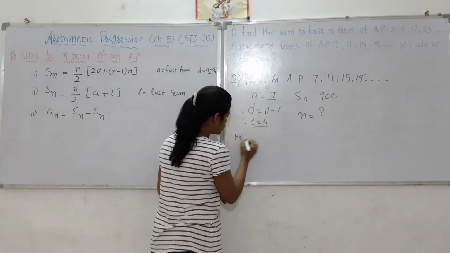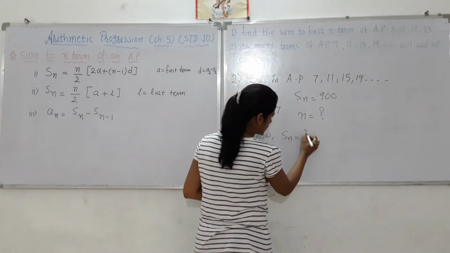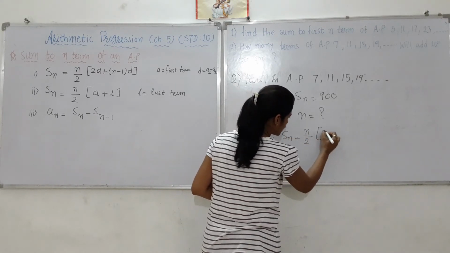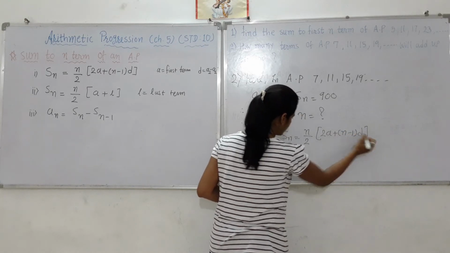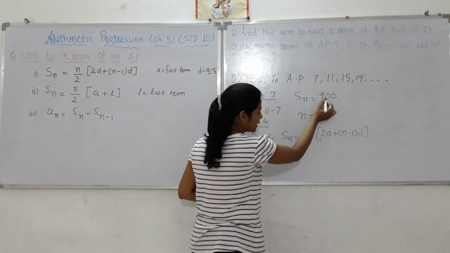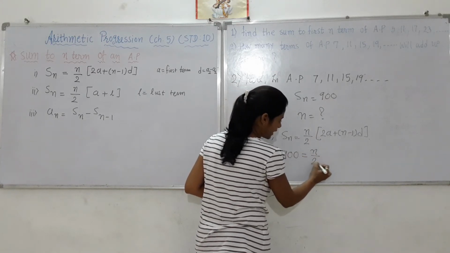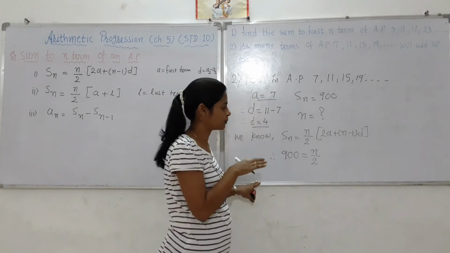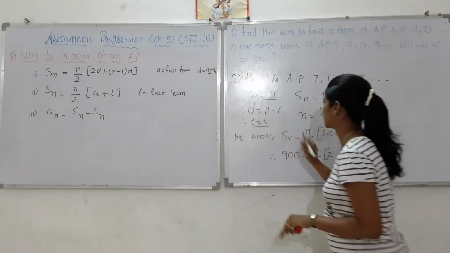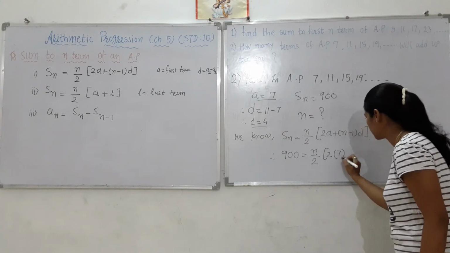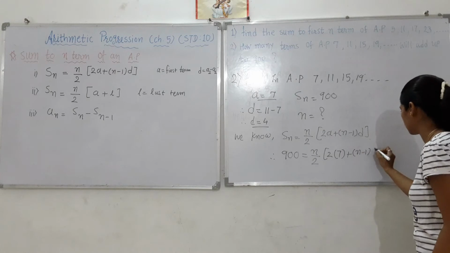So we know Sn is equal to n upon 2, 2a plus n minus 1 into d. What is your Sn? The sum of terms is 900. n, write as it is, because you want to find the number of terms. So n by 2, instead of a write its value 7, and n minus 1, instead of d write its value 4.